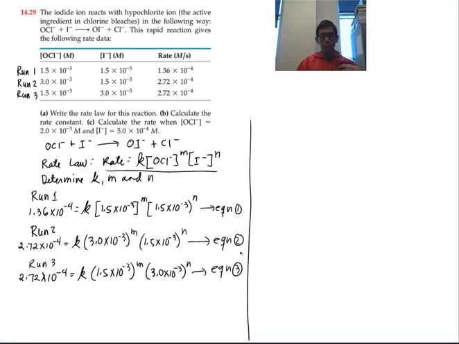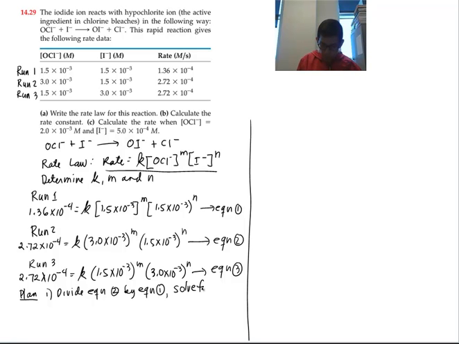Okay, so we need to solve for k, m, and n. So what is the plan? Plan: if you divide equation 2 by equation 1, you can solve for m.